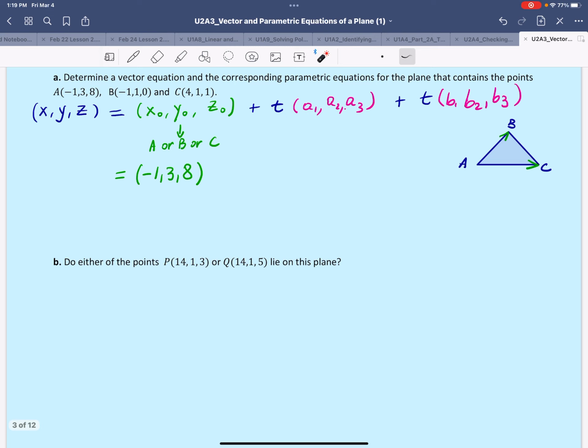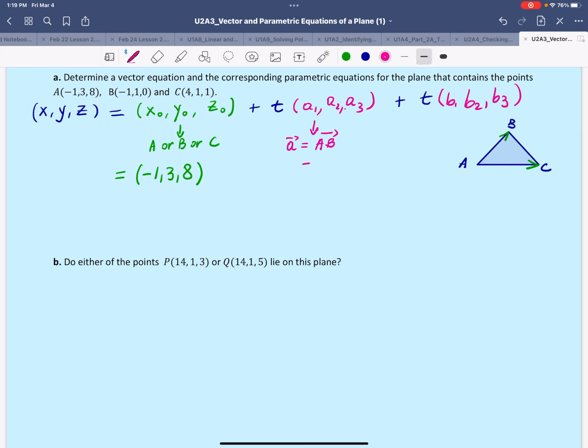Now for direction vector a, I'm going to choose vector AB. Any multiple of vector AB can be the direction vector a, when you think about it, because we're only interested in the direction, as long as they follow the same line.